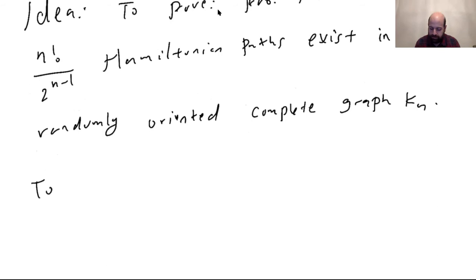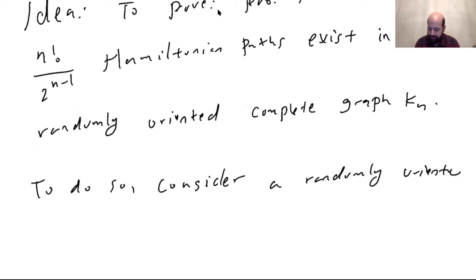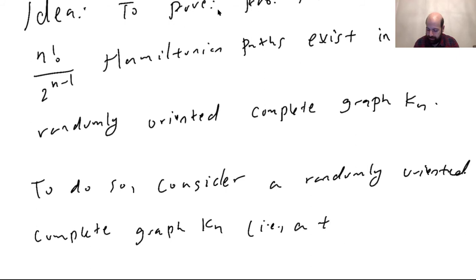To do so, consider a randomly oriented complete graph K_n. Randomly oriented complete graph K_n means a random tournament. Just reminding that an oriented complete graph K_n is a tournament.